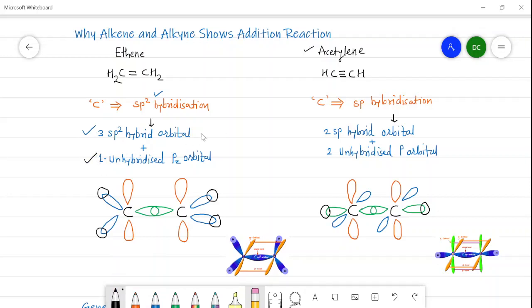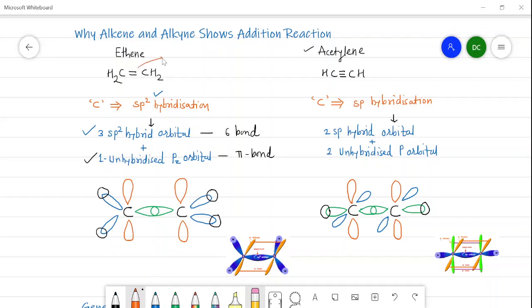Now these sp2 hybrid orbitals are used for the formation of a sigma bond, whereas the unhybridized p orbital, which remains perpendicular to the plane of the carbon, is used for the formation of a pi bond.